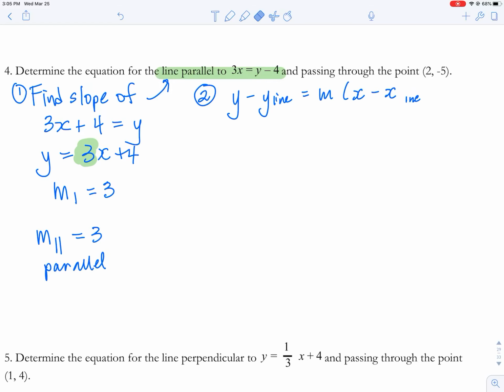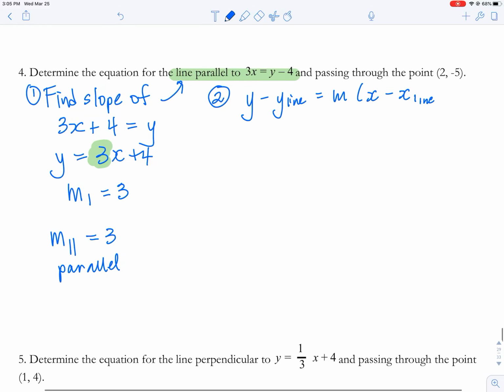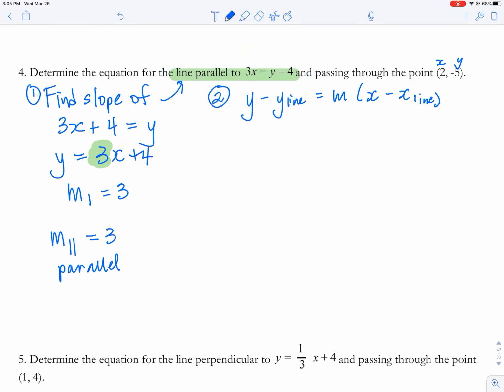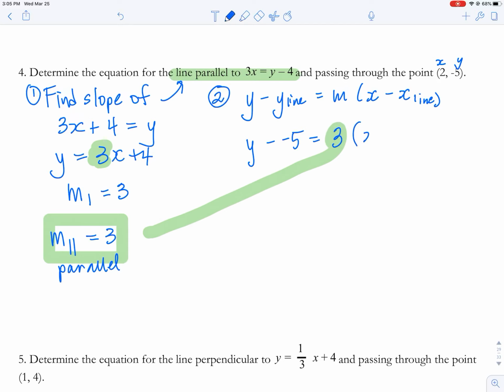And we're going to sub in x and y from my new line. So when we do this, we get y minus 5 equals 3, because I'm going to take this slope here and substitute it in, times x minus 2.